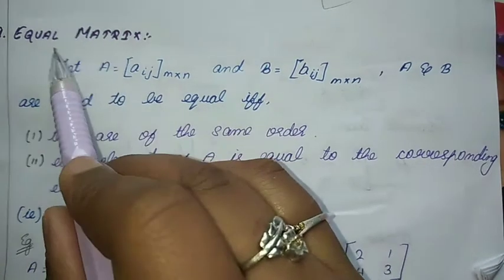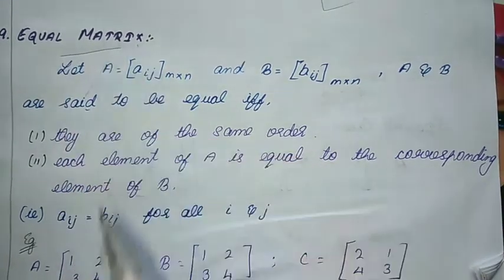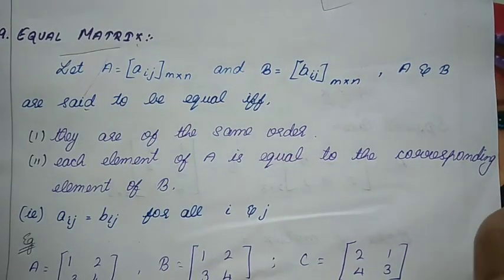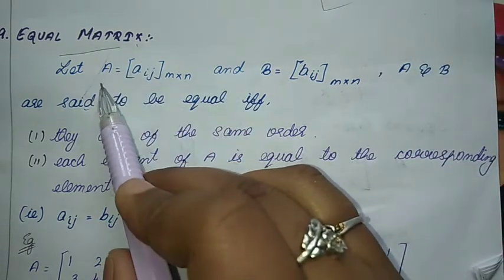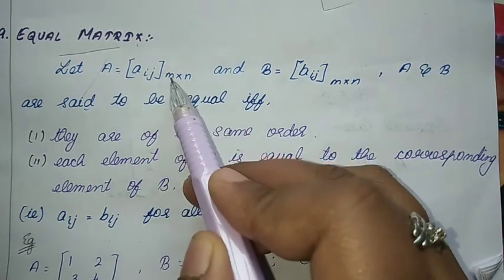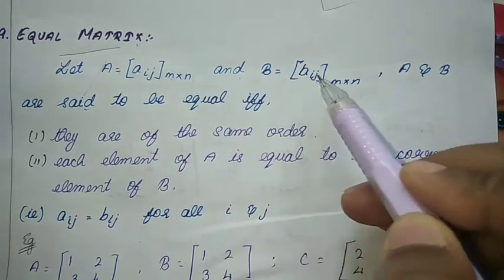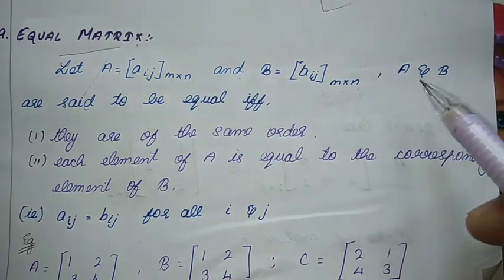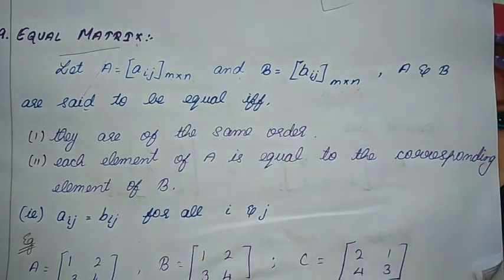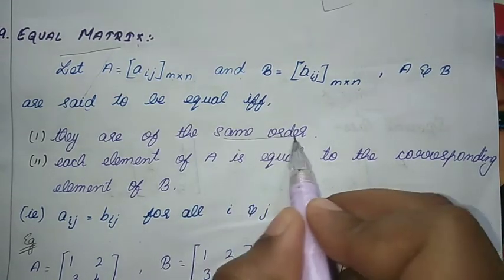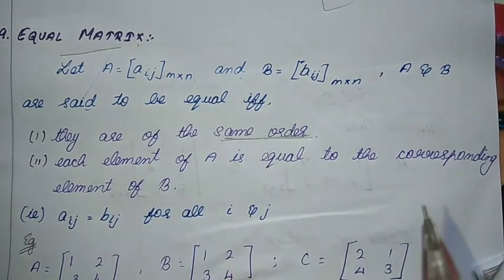The last type of matrix is equal matrix. Equal matrix means the two given matrices are equal. Let A is equal to aij, m by n, and B is equal to bij, m by n. A and B are said to be equal if and only if they are of the same order. Order of a matrix we learnt, no?